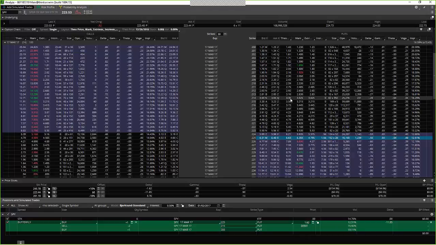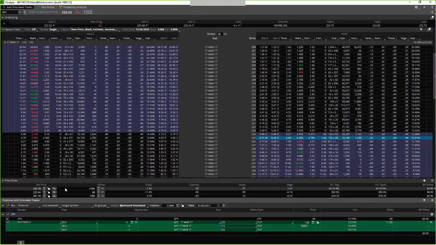Why? Because we've traded this long enough that we know that as time passes and this implied volatility drops, this area will usually decay quicker.